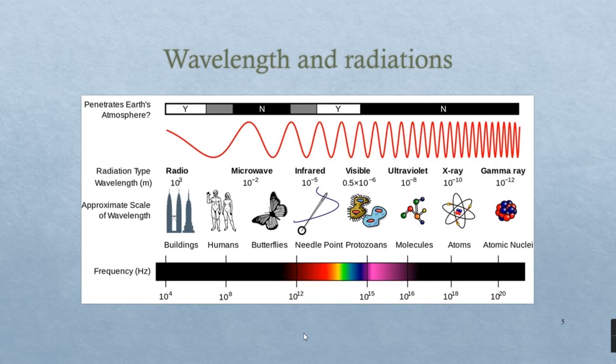So let's look at some reference for the wavelength and radiation chart. Initially, we said this radiation was probably in the gamma region, on the edge of the spectrum, with very high frequency and very short wavelength. But with the expansion of the universe and the stretching of the wavelength, it is now in the microwave region with a lower frequency and also a longer wavelength.